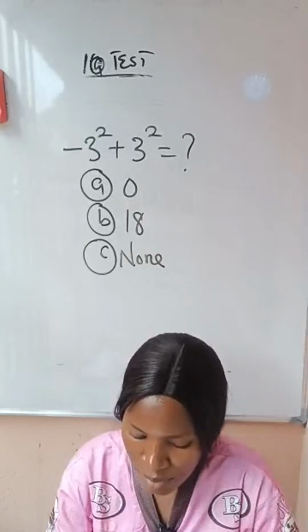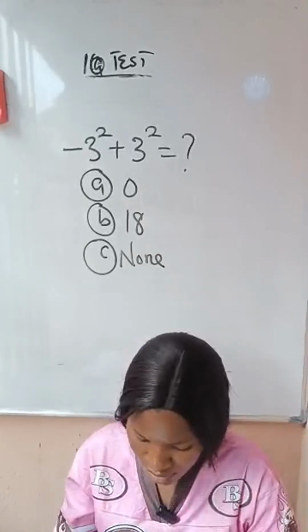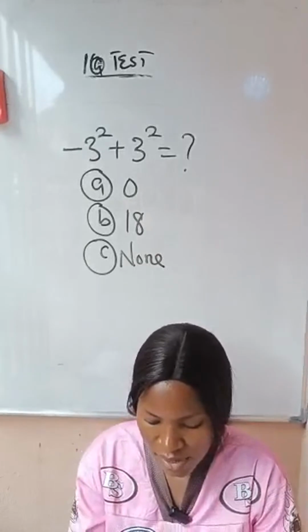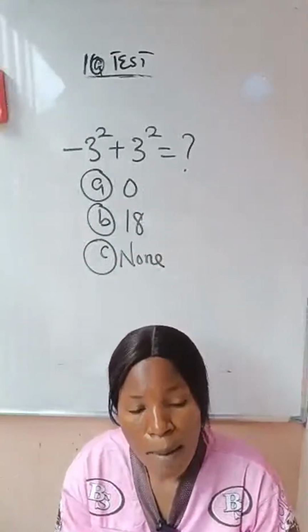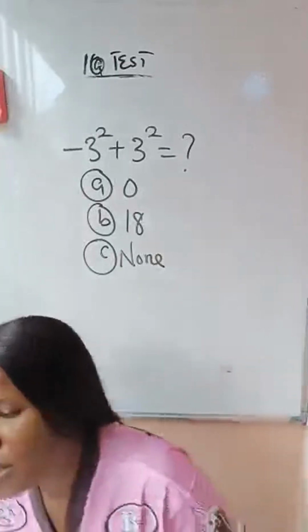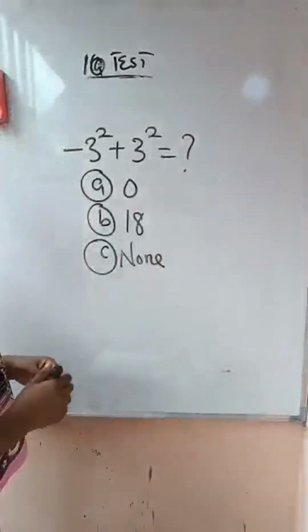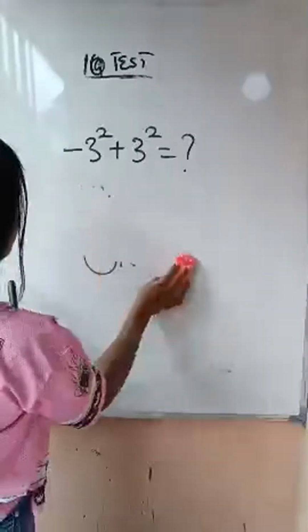Okay. Now let me explain this. First things first, we need to know the difference between minus 3 squared inside brackets and minus 3 squared without brackets.